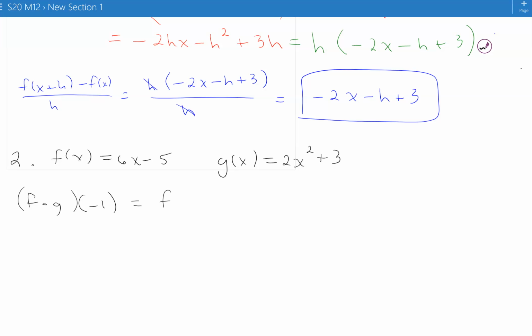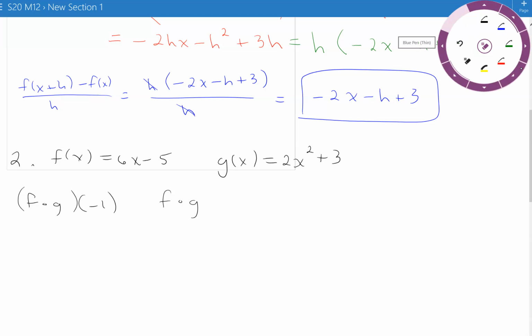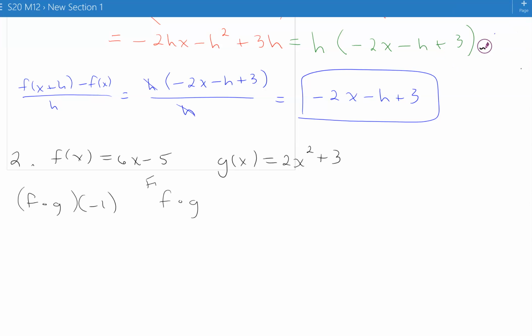Let me show you the first way. The first way is to find f of g of x, then evaluate when x is negative 1.